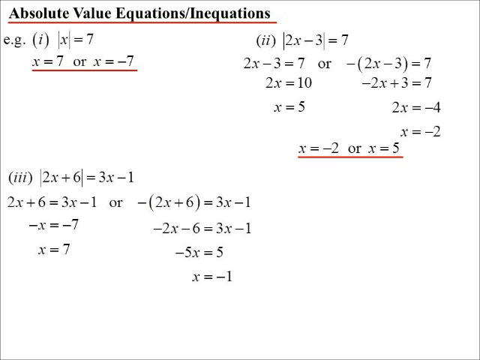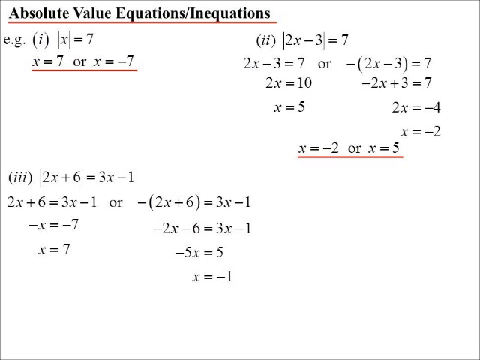However, as with all equations, and we've been telling you from day dot, and you've ignored us from day dot, you should always check your answer. Because this is another one of those situations where we have created a solution that is not a solution. If you look at x equals negative 1 closely and go back to the original equation, the absolute value of 2x plus 6, well, if x is negative 1, that's the absolute value of negative 4, which would be 4.